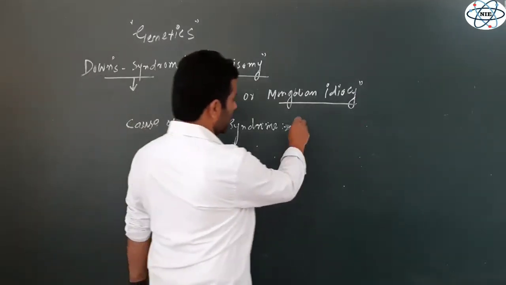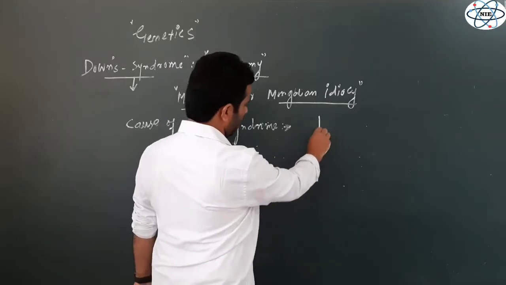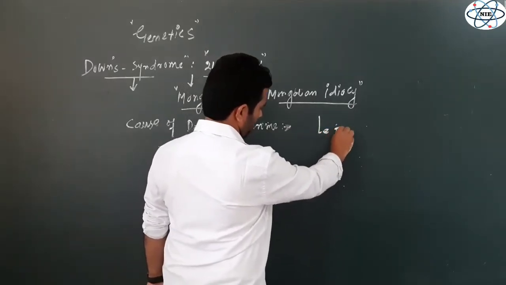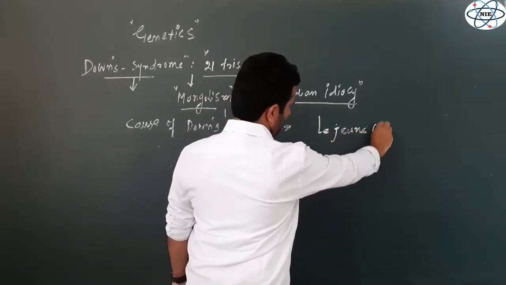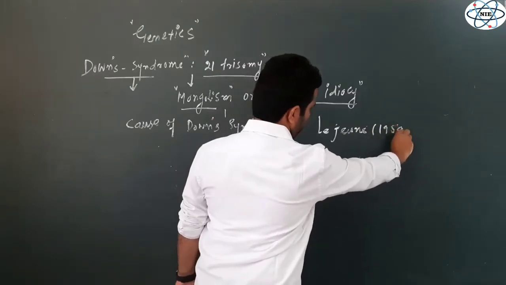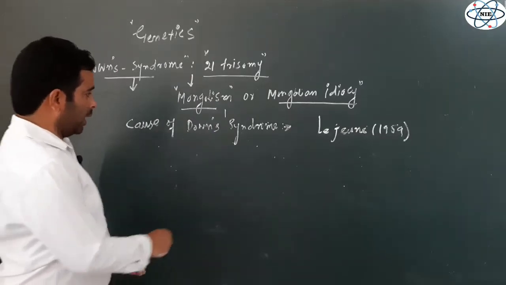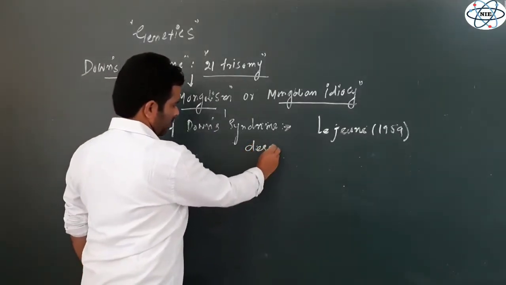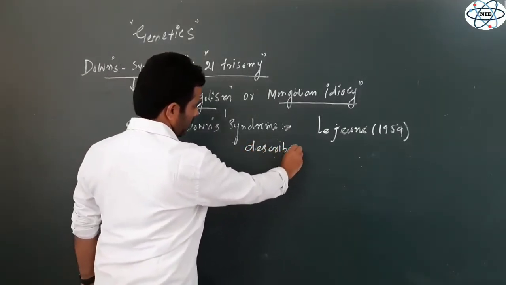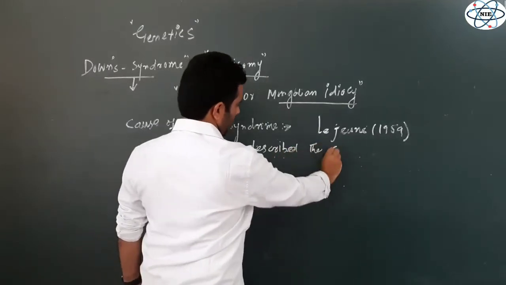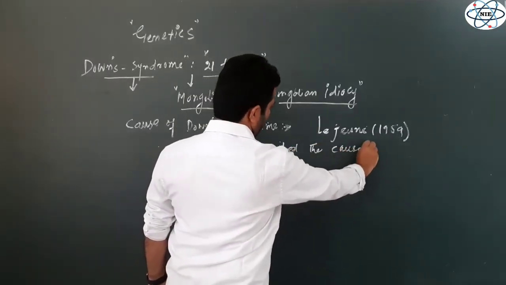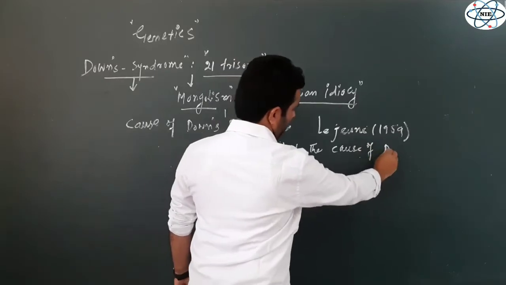So it was another doctor whose name was Lejeune, in 1959, most probably. Lejeune was another biologist who actually described the cause of Down's syndrome.